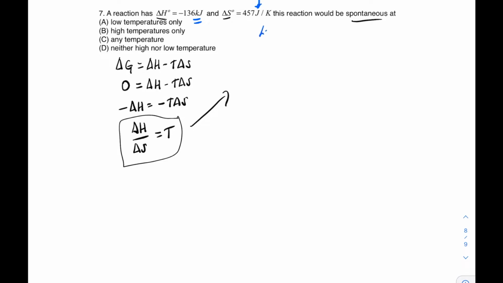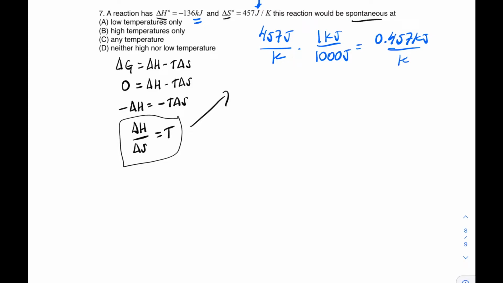So you want to take this 457 joules, per mole per Kelvin technically, and you want to get it to kilojoules. So 1 kilojoule is 1,000 joules, so that's this many kilojoules per Kelvin.